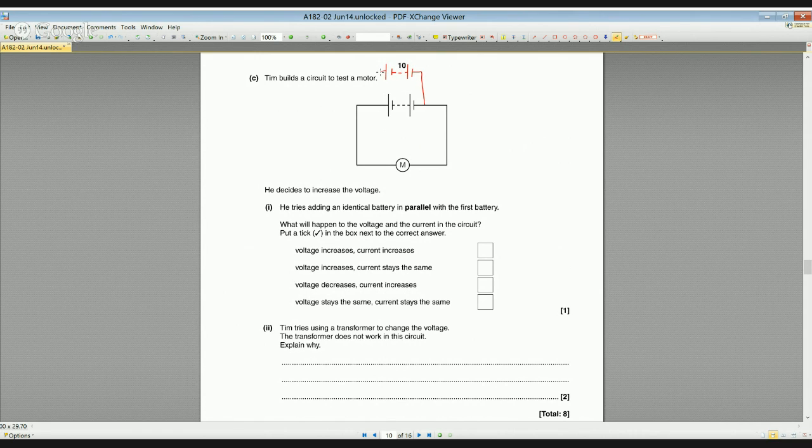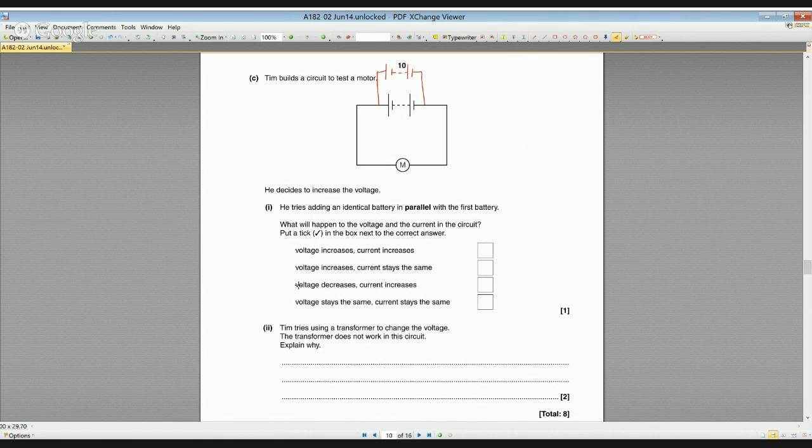in parallel. And the first thing to remember is that in a parallel circuit, the voltage is the same in each branch. So in this case, whatever voltage he's got here on this battery, they're the same type of battery as well anyway, he's not going to increase the voltage by doing this.